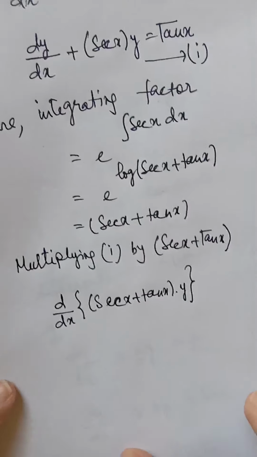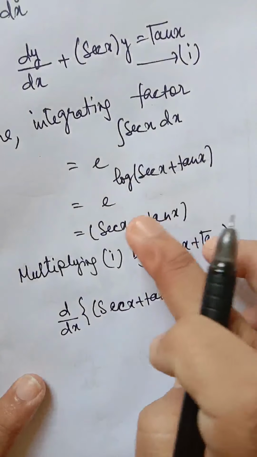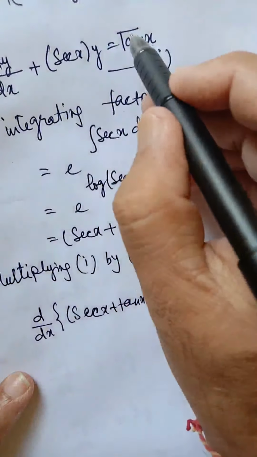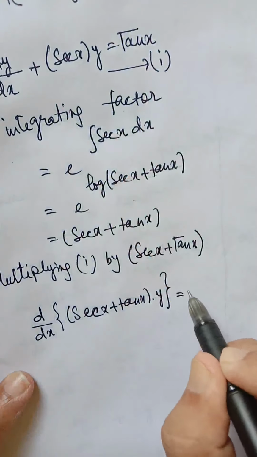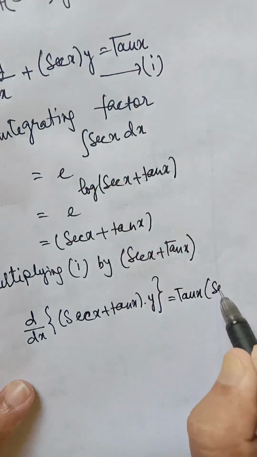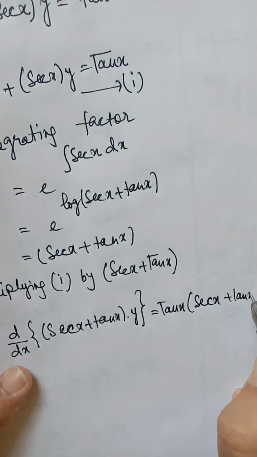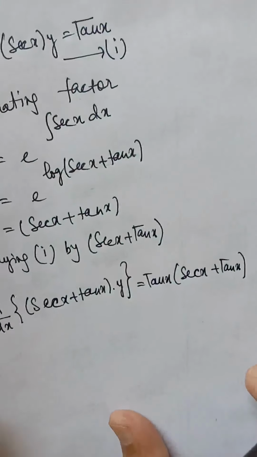So always the left hand side will become d/dx of integrating factor into y, and the right hand side, you can see here we have tan x, so the right hand side will be tan x into sec x plus tan x. This is our right hand side.